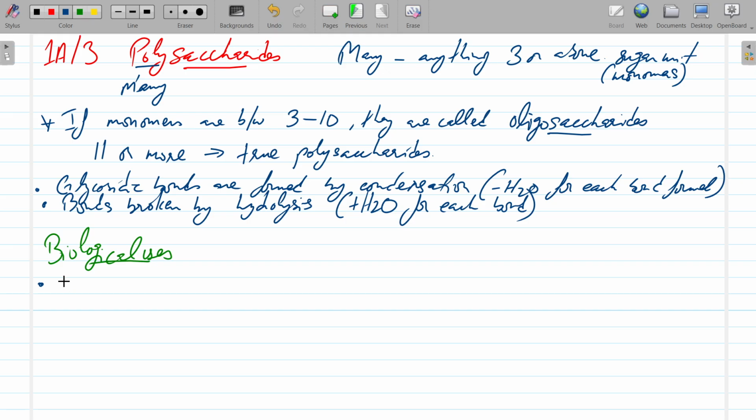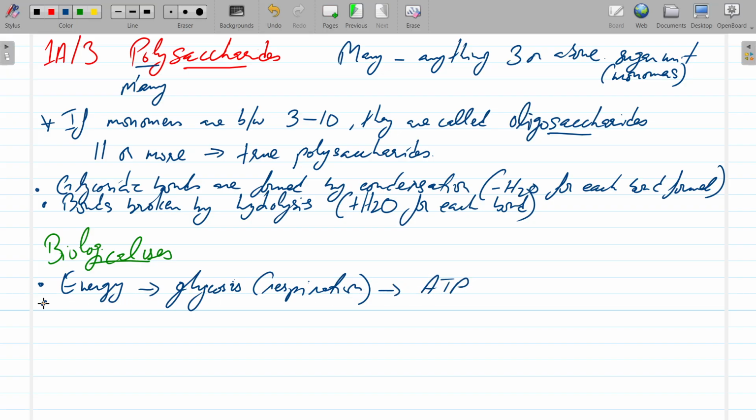You obviously have energy, so glycolysis in respiration for the production of ATP. You have these as an energy store. So you have starch in plants, glycogen in humans and mammals.